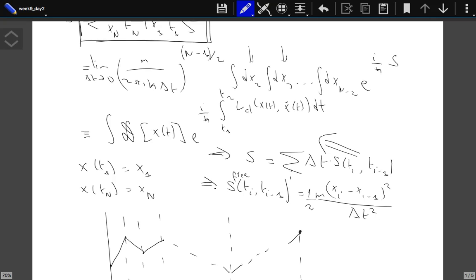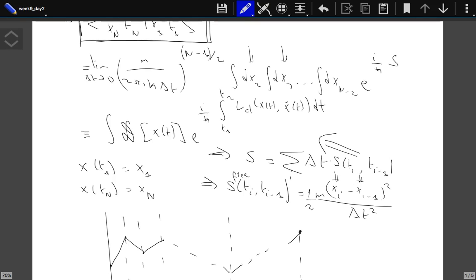The S is the action connecting, to be more precise, the Lagrangian connecting two successive time intervals. So that is why S depends only on these successive two positions.